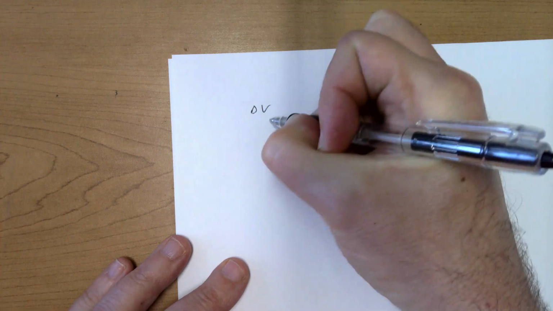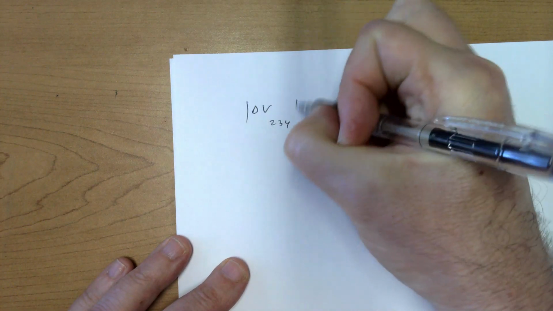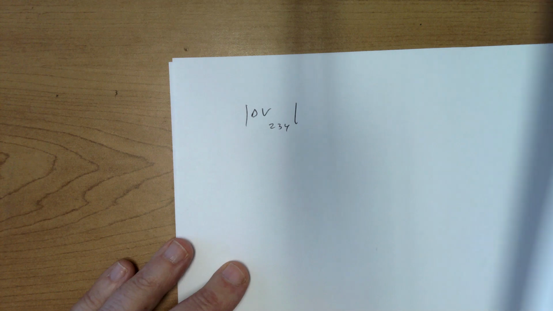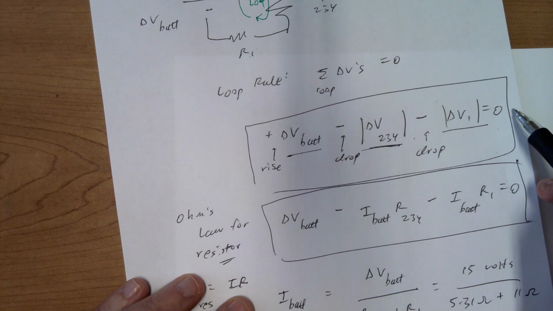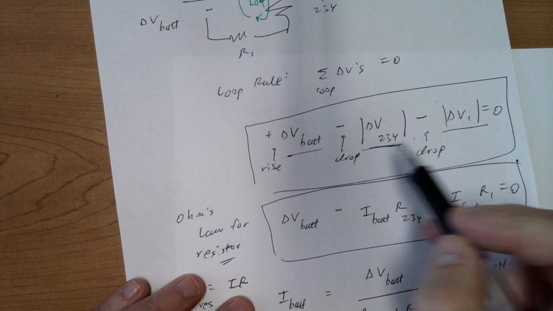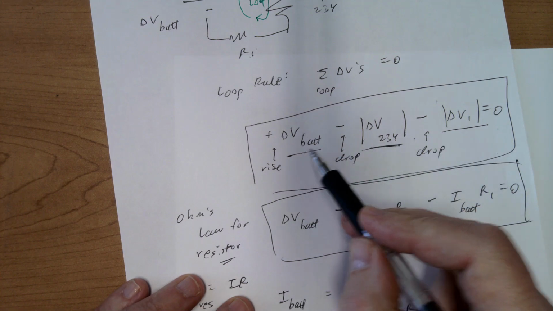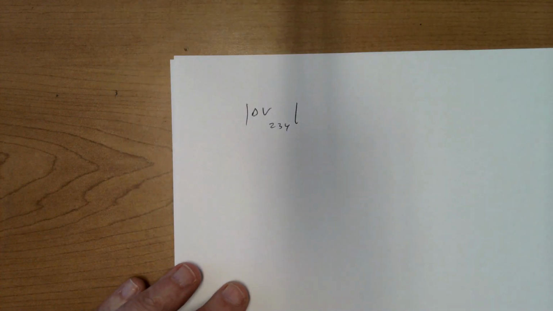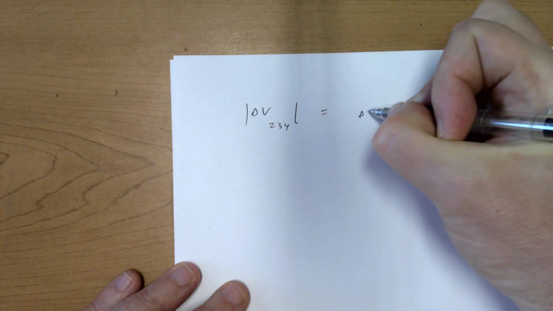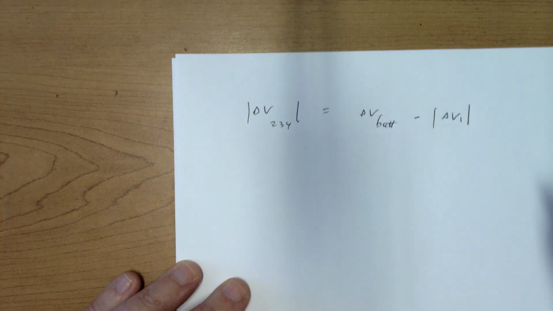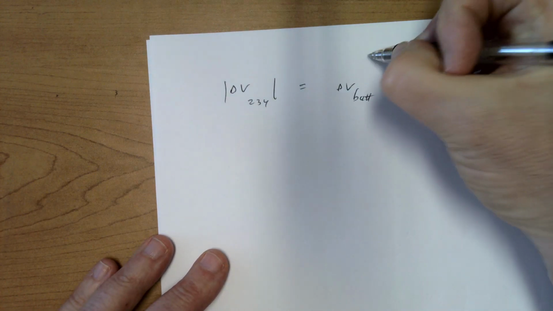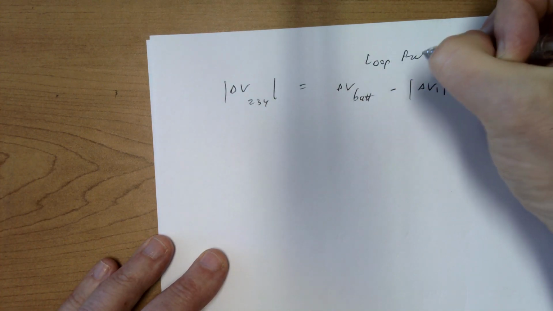Alright, so delta V234 in magnitude, I'm going to move that to the right hand side, add that to both sides, and what's left here is delta V bat minus absolute value of delta V1. That's from my loop rule.